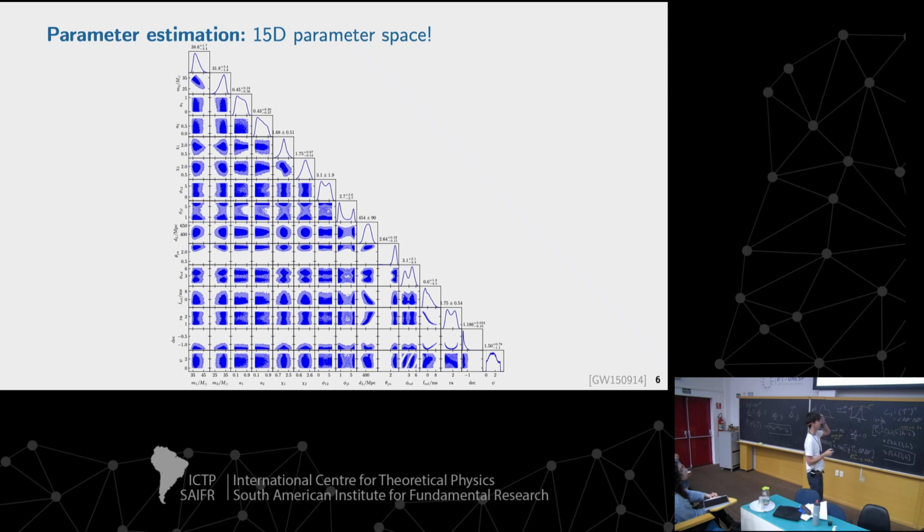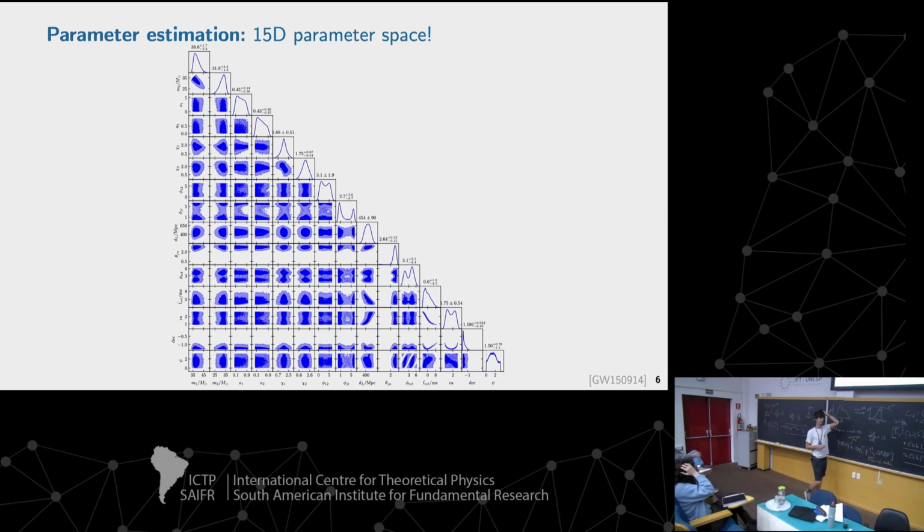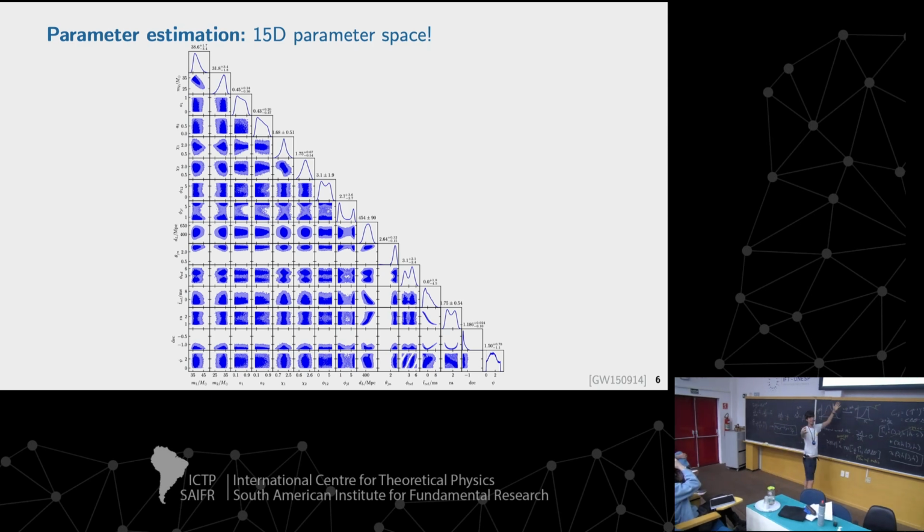Okay, maybe we'll see a better example later. But important, you see masses correlated. You see here distance and sky position. Many parameters can be correlated with each other, so one needs to take into account that the model has a lot of elements.